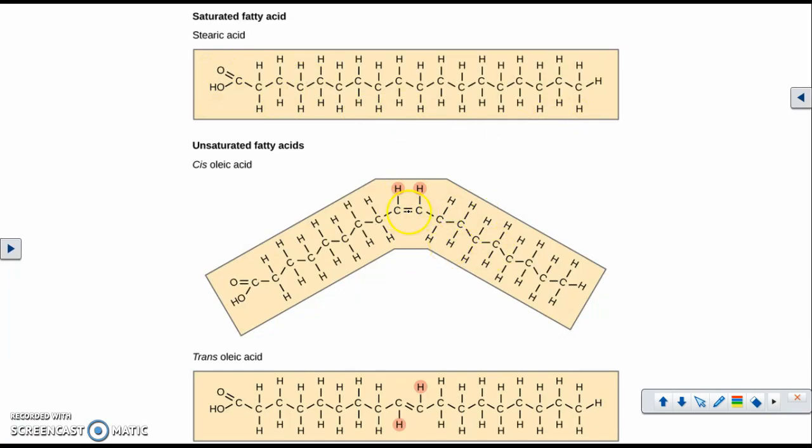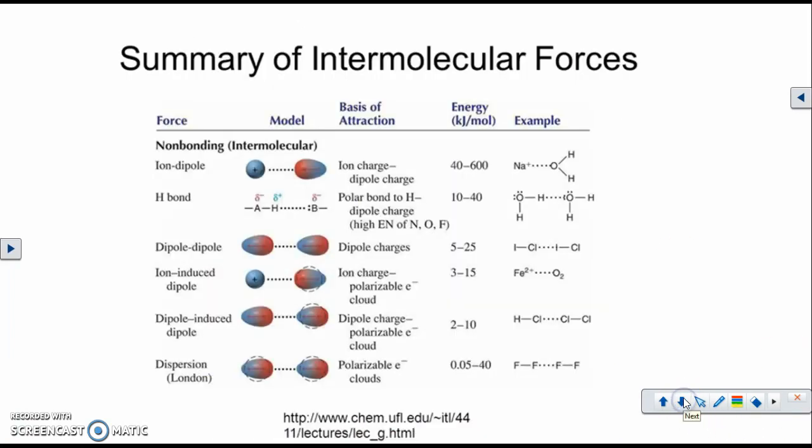So structure also makes a big difference in your physical state at room temperature. And the number of atoms also makes a big difference as well. All right, so that's a very, very important concept.